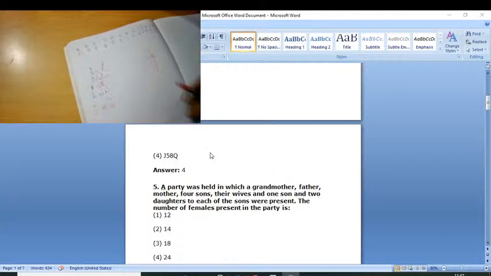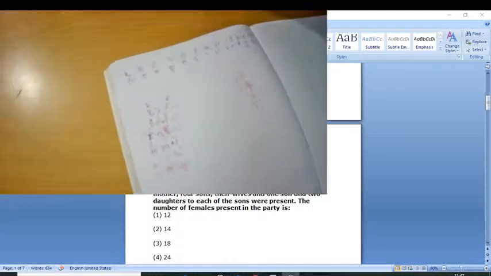I'll write it down for easy understanding. That is, the grandmother 1 and the mother 1, and the wives, as 4 sons are there, there will be four wives, and 2 daughters each. That is, for each son there will be 2 daughters, so 4 into 2 is 8. When we add all these numbers, what do we get? 8, 9, 10, 14. So 14 is the answer.